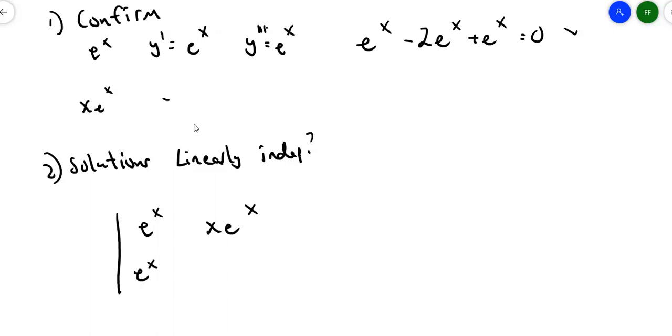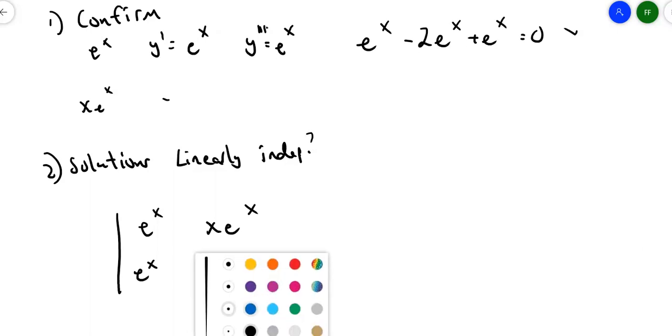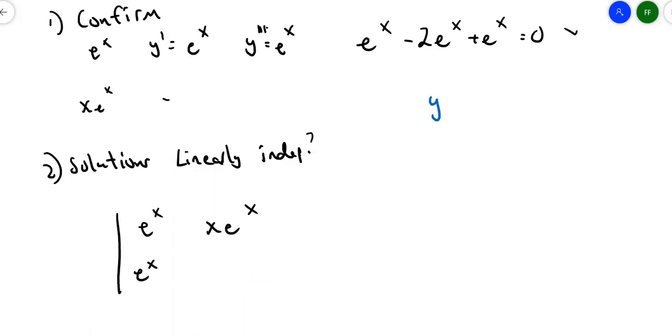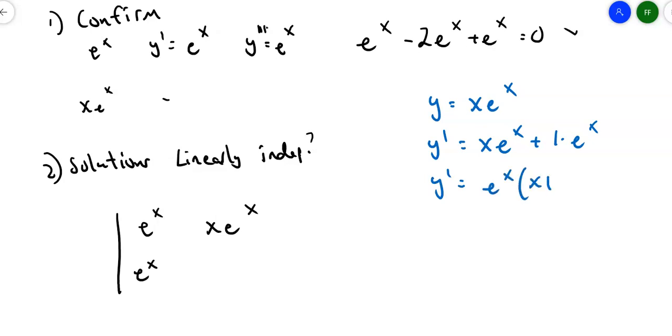The derivative of this, let me do it over on the side here so I can write it a little bit neater. Let's write this: if y is equal to x e to the x, then y prime is going to be keep the first, derive the second, derive the first, keep the second. So I can write this as e to the x times x plus 1.